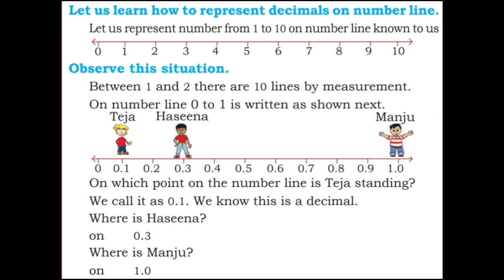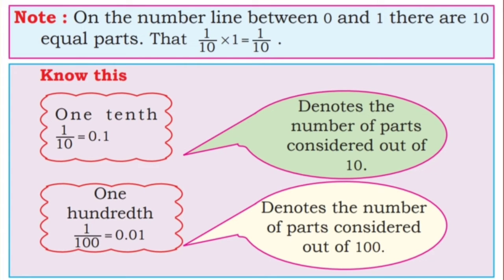On which point on the number line is Teja standing? We call it as 0.1. We know this is a decimal. Where is Hasina on 0.3? Where is Manju on 1.0? Note, on the number line between 0 and 1, there are 10 equal parts.